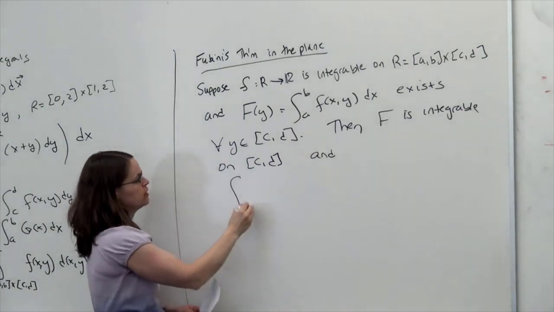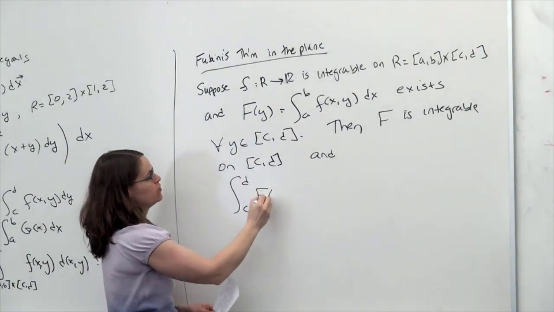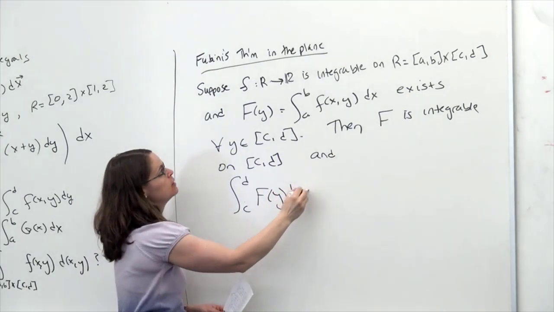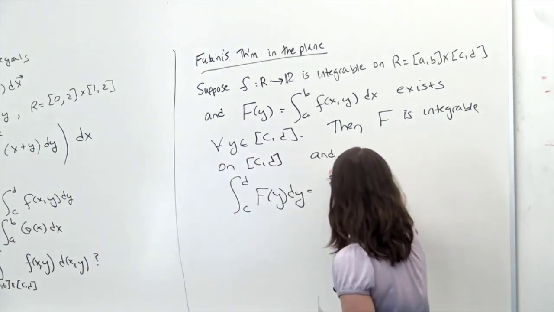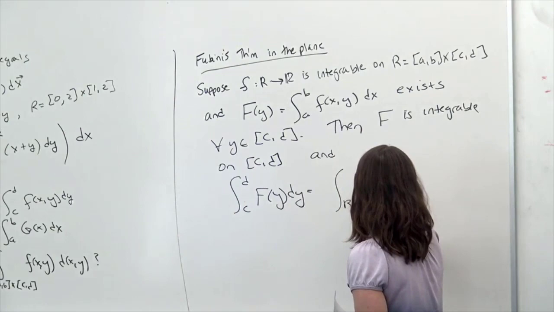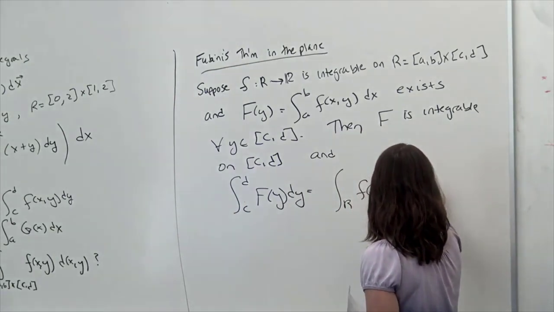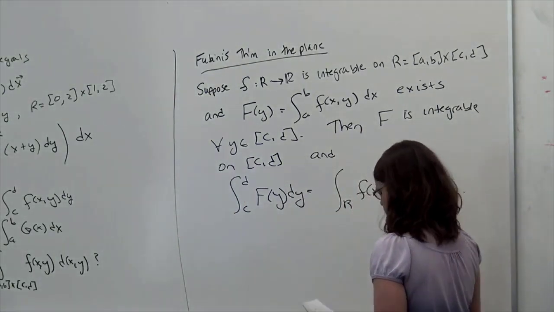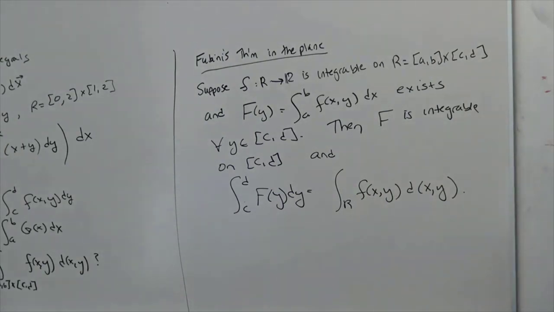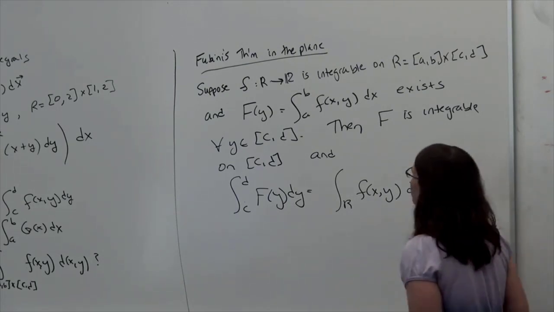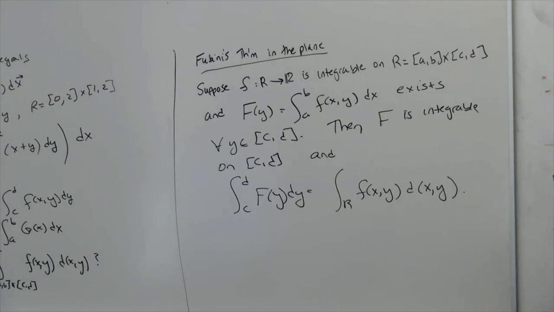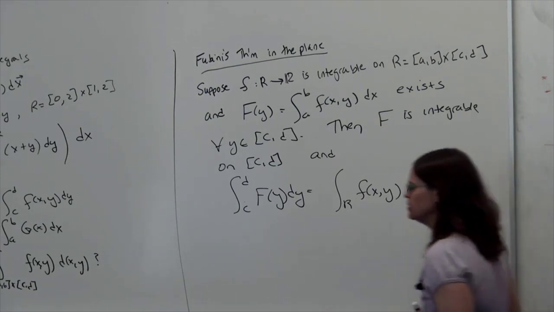So the integral of capital F of y is equal to the integral of our original function on this rectangle. Okay, so this is the result that we expect to be true. We haven't had to assume anything too crazy. So again, let's prove that it works, do some examples, and also look at the edge cases where this can break down.